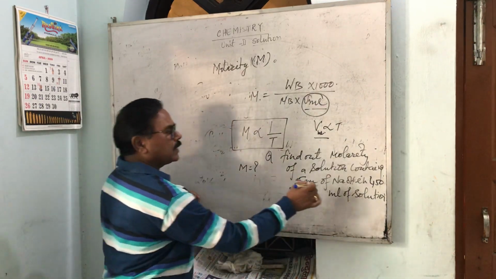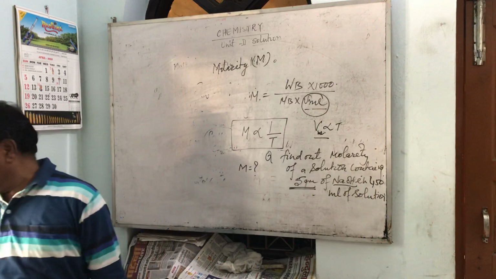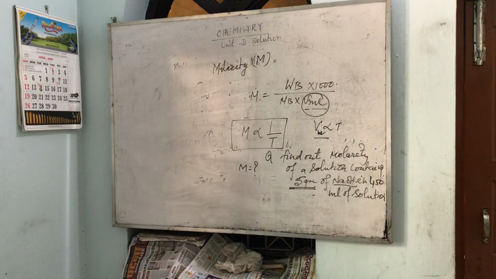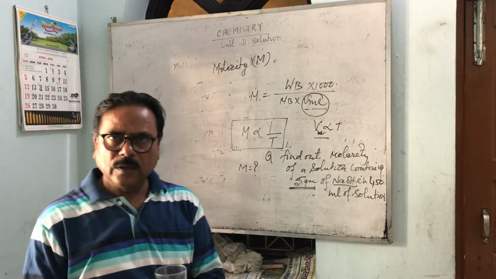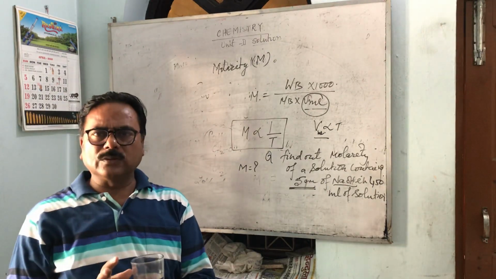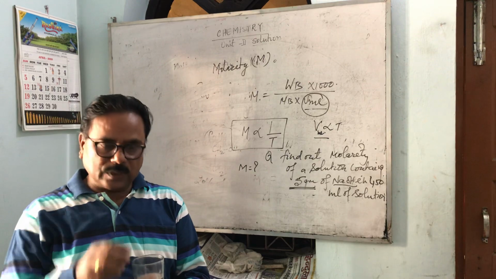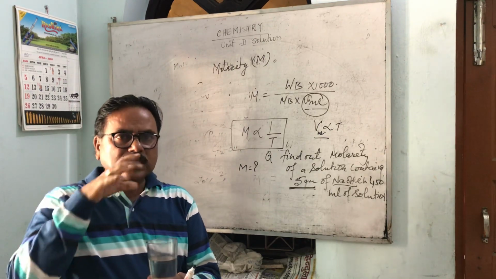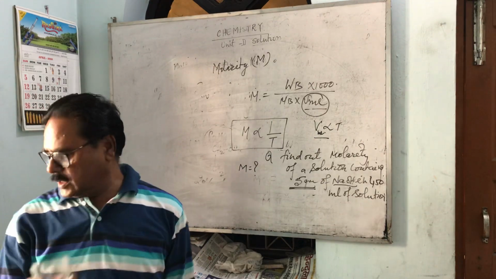Now, NaOH is a solute, and we have taken water, so this is the solvent. NaOH is dissolved into that water. So the question asked is, what is the molarity of that solution?